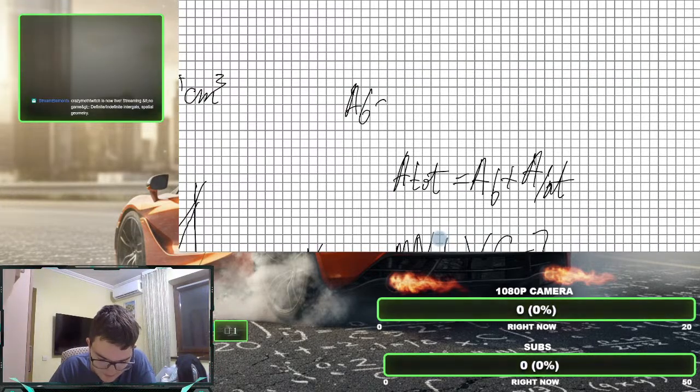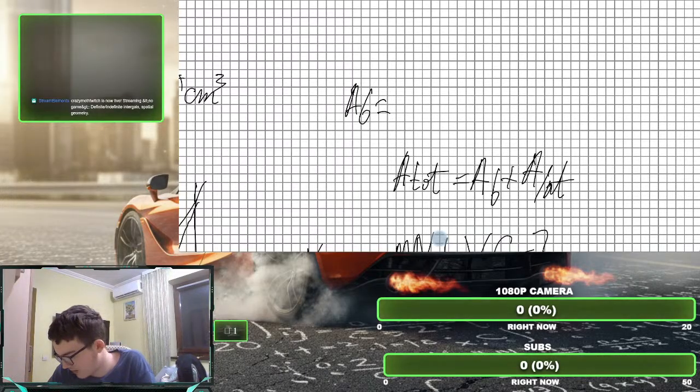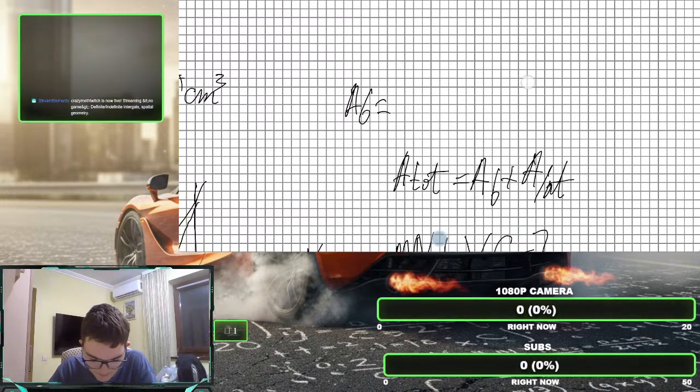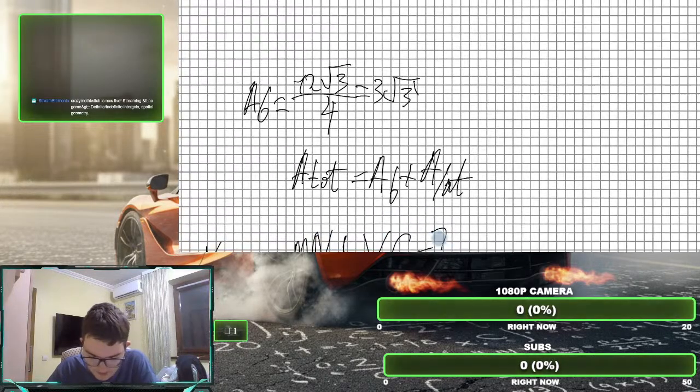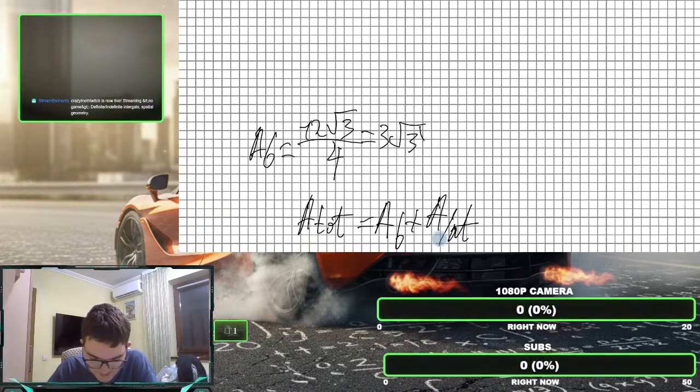Area of base is the length times square root of 3 divided by 4. So 12 square root of 3 divided by 4. How much is that? 3 square root of 3 divided by 3. I mean 3 square root of 3. Now, the lateral area.